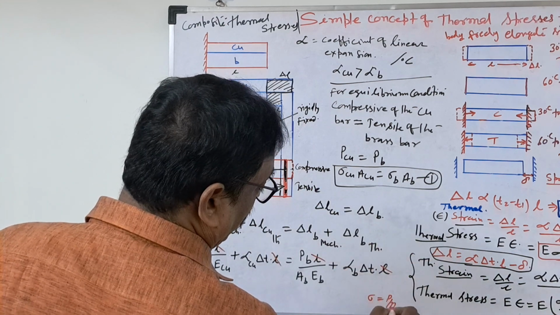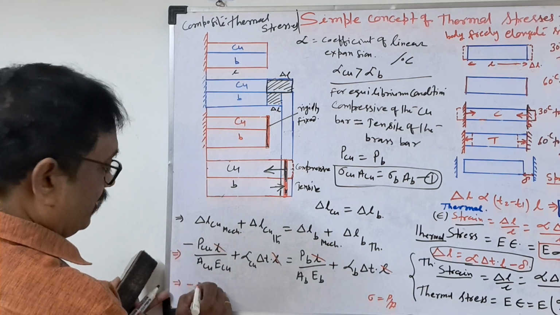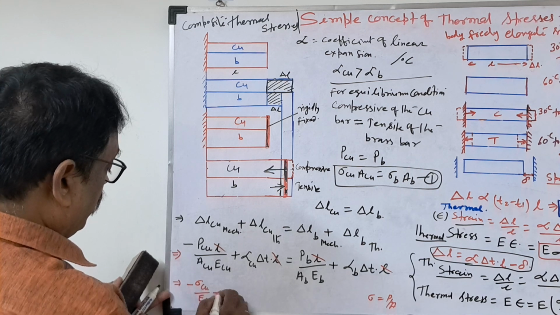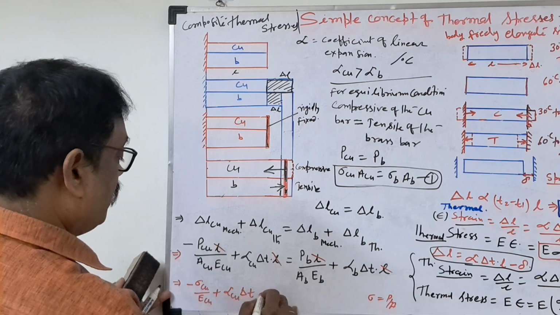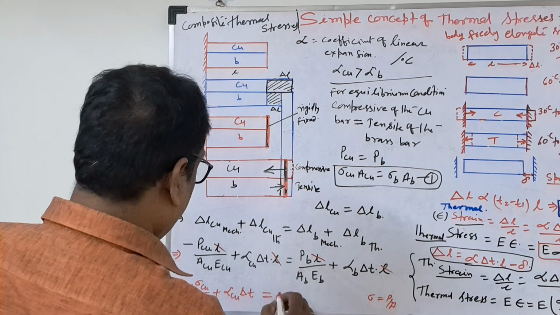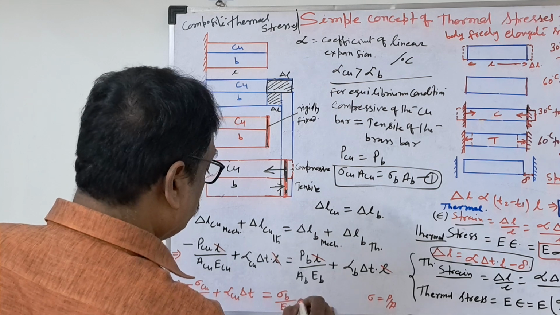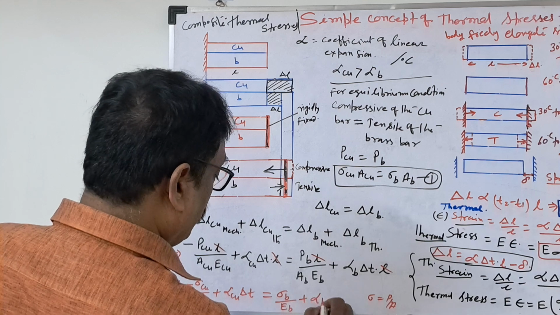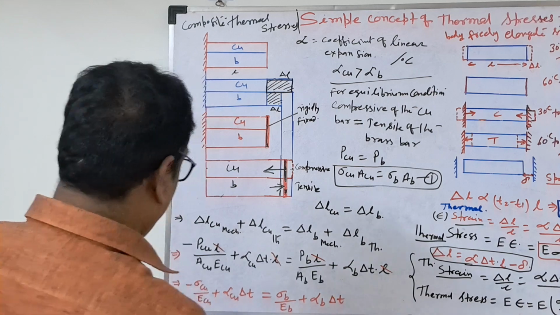Stress equal to P by A. So we can write here minus stress of copper by Young modulus of copper plus alpha Cu delta T, equal to, here again P brass by A brass, stress of the brass by E of the brass, plus alpha brass delta T. This is all. You can reduce the formula up to this also.